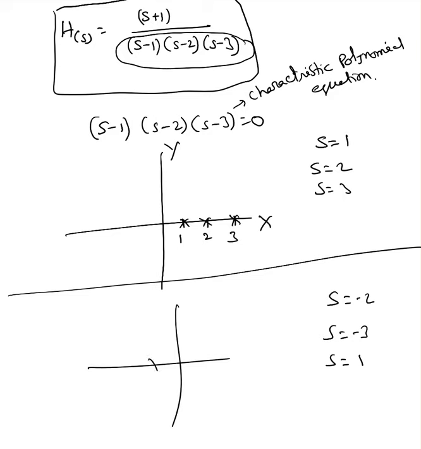So this is another case. That's minus 2, that's minus 3, another pole, and 1. Here is another pole. So both of these cases, okay, the system is unstable. So this is an unstable system. This is also an unstable system.